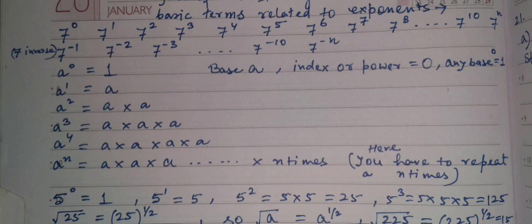A cube means a into a into a. A to the power 4 means a into a into a into a, 4 times a multiplied to each other. A to the power n means a into a into a dot dot dot into n times. So here you don't know what the n means.